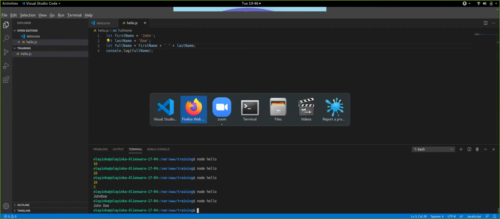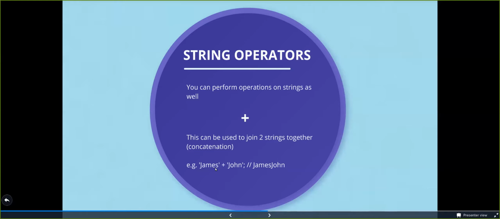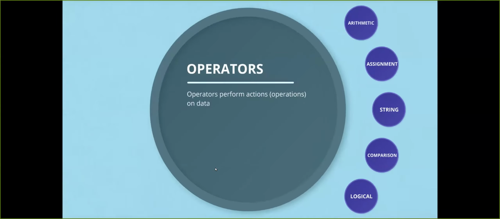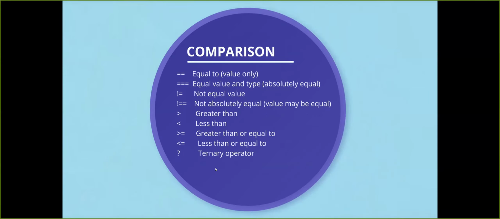Okay? Fun. Now, comparison operators. These are a lot of fun, because they help you figure out if something's greater than the other, if 2 things are exactly the same, or if they are kind of the same, right?